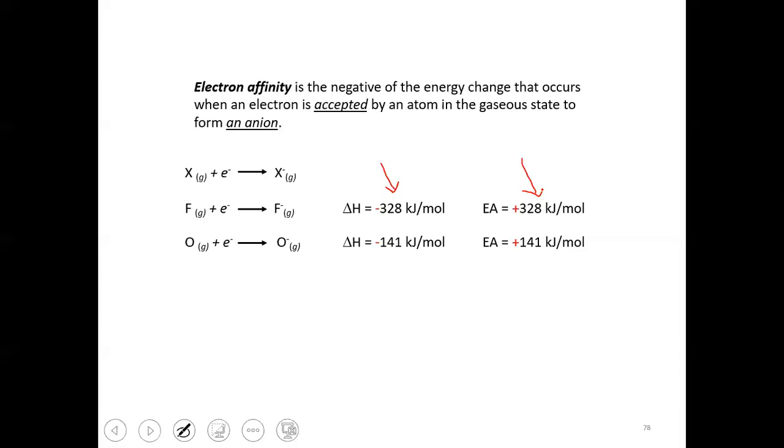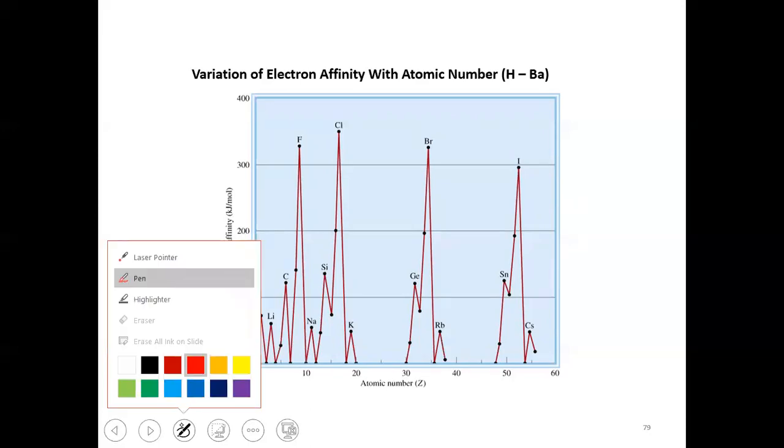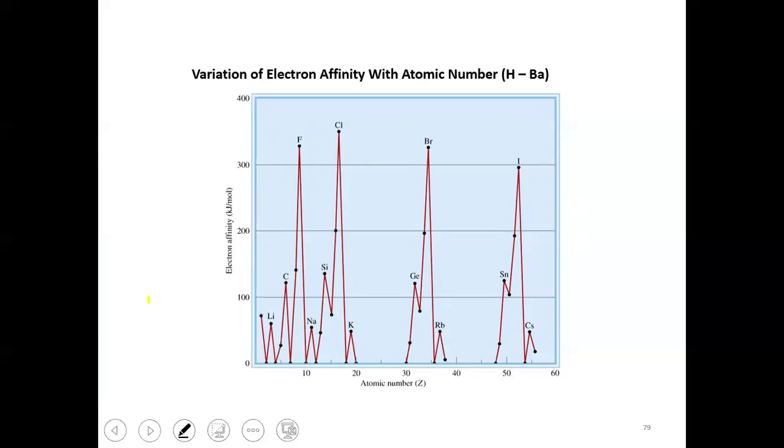So in general, all that is important here is that halogens have the highest electron affinities. You can see them all here in this trend, electron affinity versus atomic number. That's what's really important, to know that halogens have very high electron affinities, which explains why they so readily form those negatively charged ions, fluoride, chloride, bromide, etc.